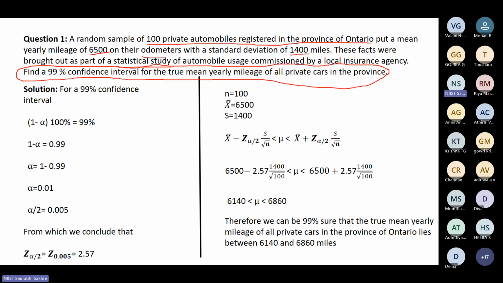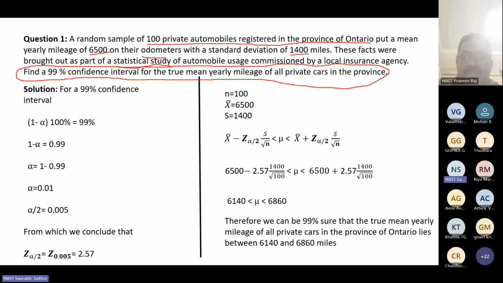They have surveyed 100 cars only, but they have to generalize the result for the whole province of Ontario, for all the car owners. So our question is, find a 99% confidence interval for the true mean yearly mileage of all private cars in the province.